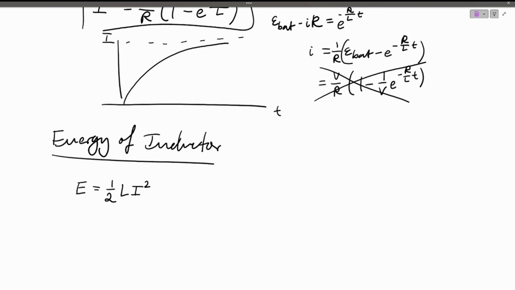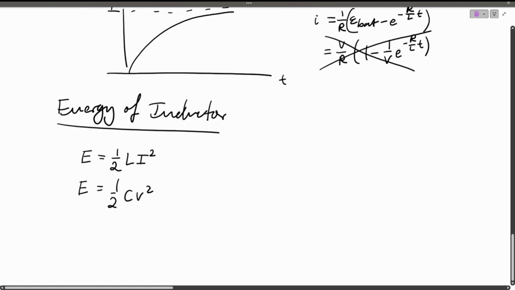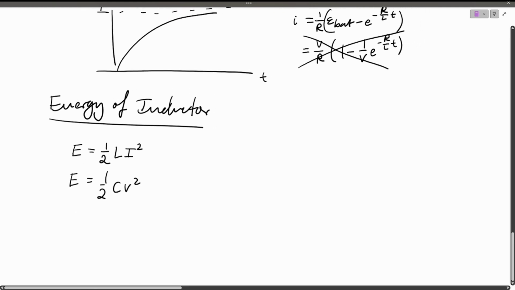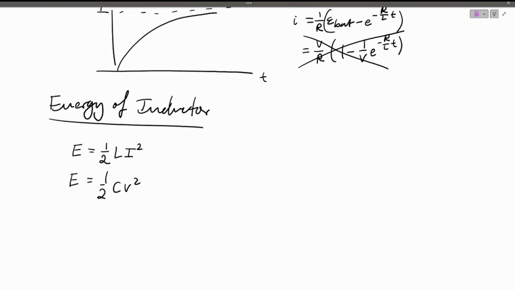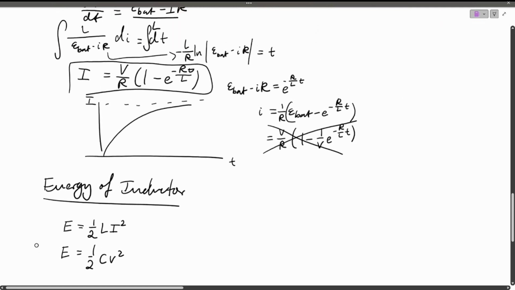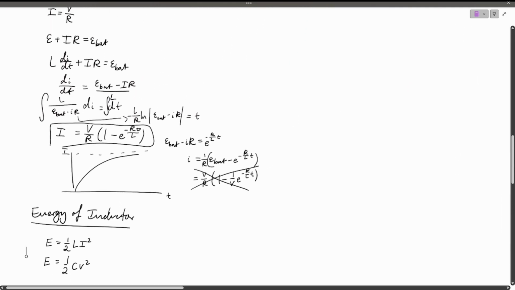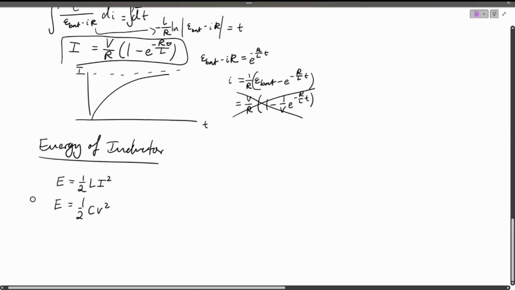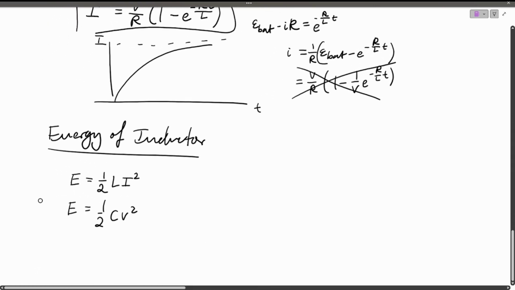It's the same form as, for a capacitor, 1/2 CV squared. So that is energy of an inductor. That can also be used in, for example, LC circuit problems, if it's asking for maximum current flow or something like that, because you know all of the energy will be in the inductor.